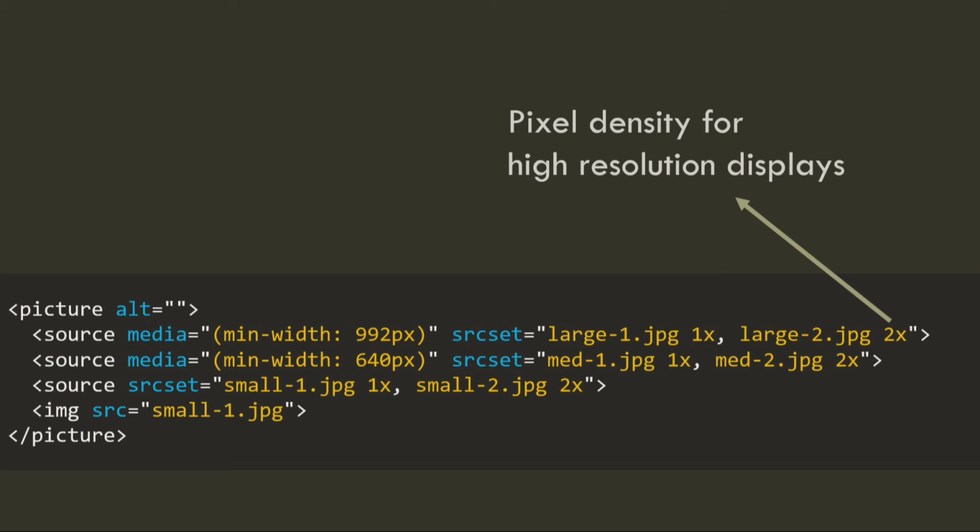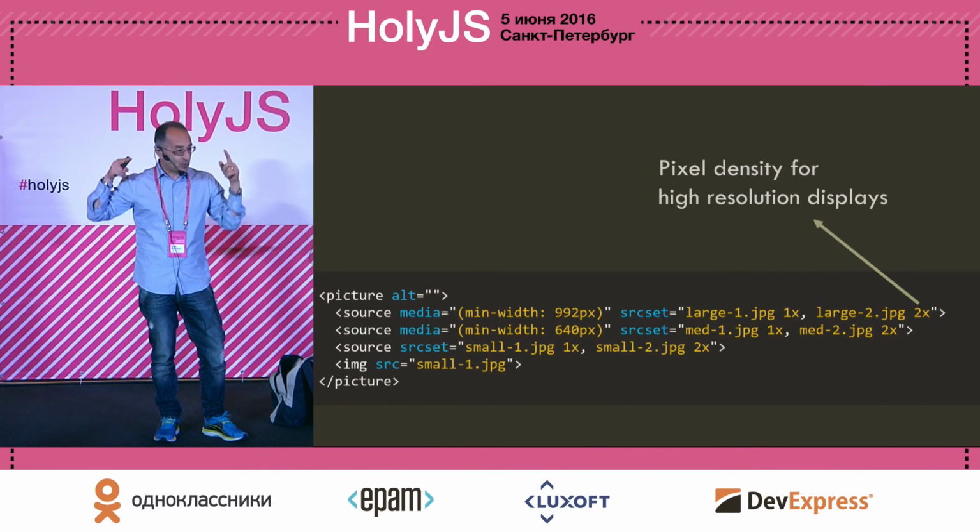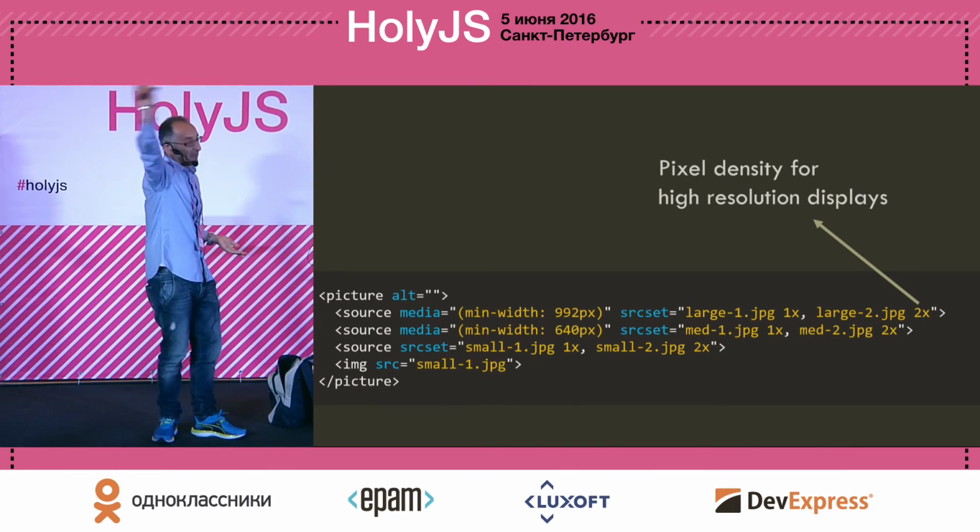Because of the pixel density, even 4 years ago, we had to distinguish retina displays and everything else. Because the newest iPhones of the time were still mounting retina displays, we had to essentially double the size of the image. But we couldn't ask reporters to upload 2 copies. They were just uploading 1 image. Okay?